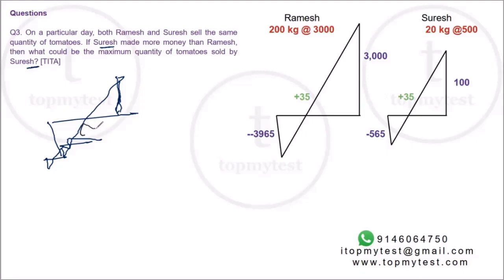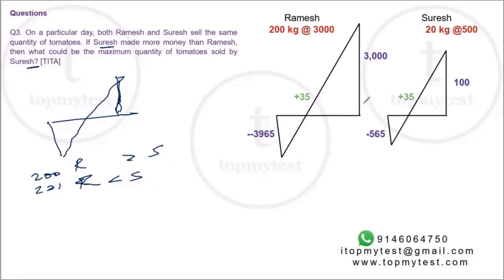It will rise up slowly, then fall down slowly and then rise up also slowly. So your question is, till what point will Suresh be able to make more money than Ramesh? We know at 200, Ramesh makes more money than Suresh, but at 201, Ramesh is lesser than Suresh.